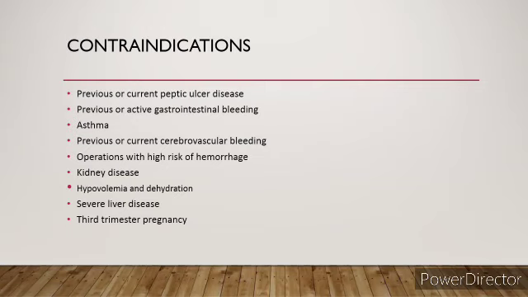Then asthmatic patients, or patients with high risk of hemorrhage, like patients on anticoagulants, and people with kidney diseases. Remember, metabolism is within the liver, so if the patient has a kidney disease, the toxicity and the metabolism will be distorted.